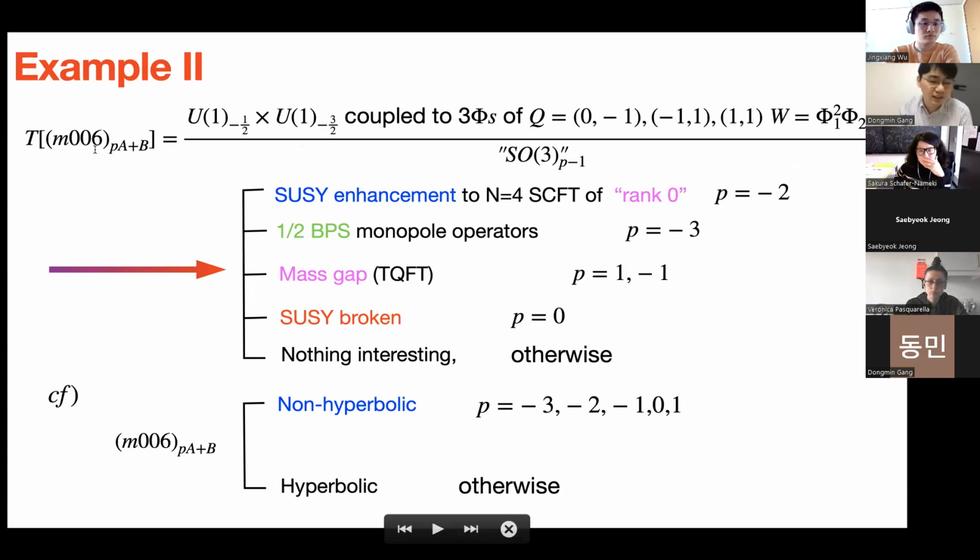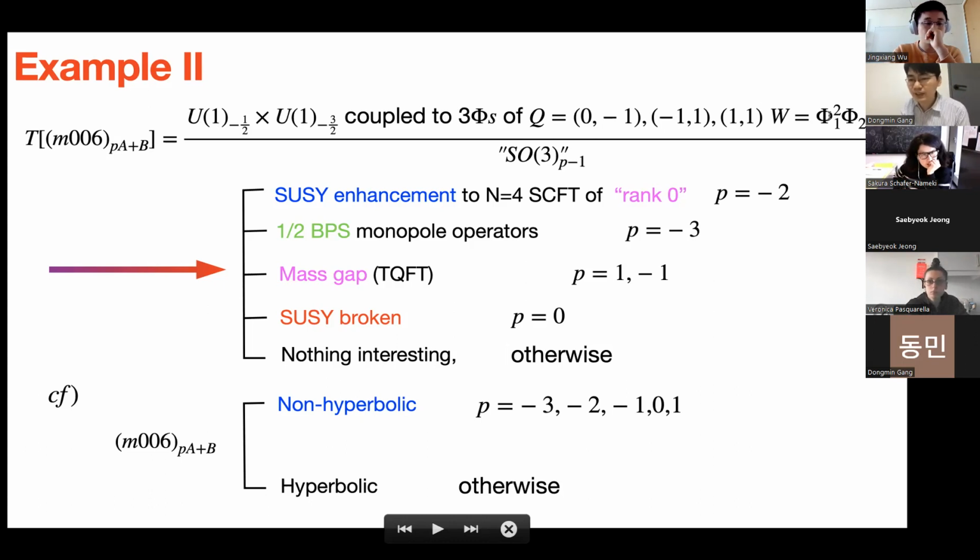And we are doing the Dehn filling along some choice of cycles, and the corresponding 3D theory we can easily construct. This theory becomes a U(1) times U(1) gauge theory with coupled chirals with the charges given by this one and with the superpotential.